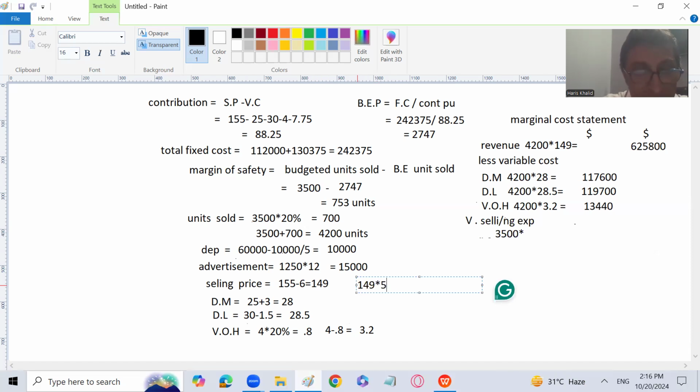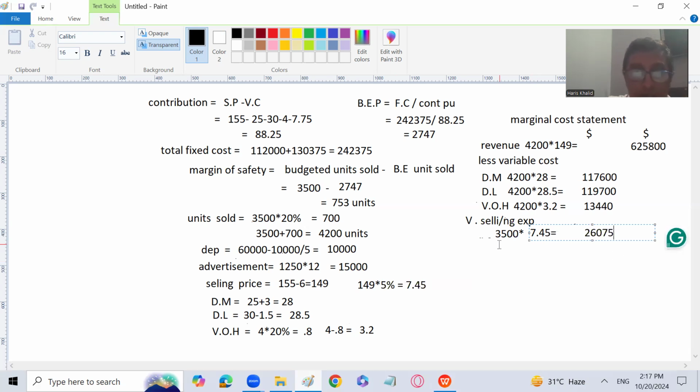So you have to calculate the 5% of 149. So 149 into 0.05, it will become 7.45. So now for 3,500 units, the variable selling expense is going to be 7.45 per unit. So let me multiply it. 3,500 into 7.45. The answer is 26,075. Let me write it down.